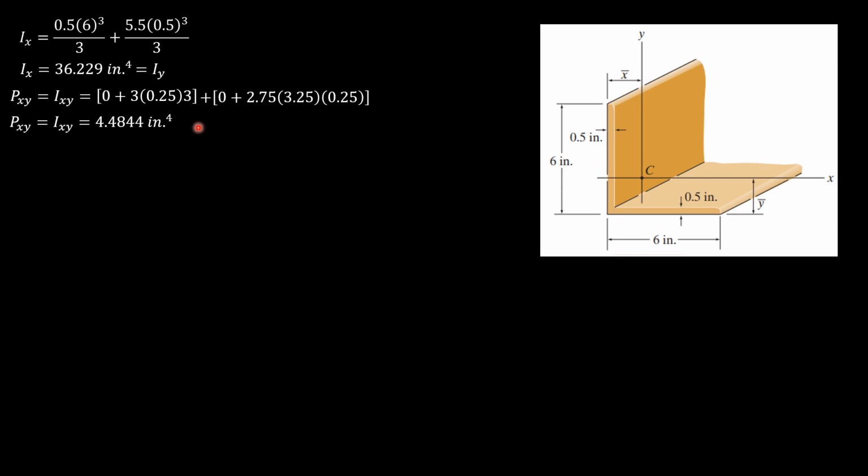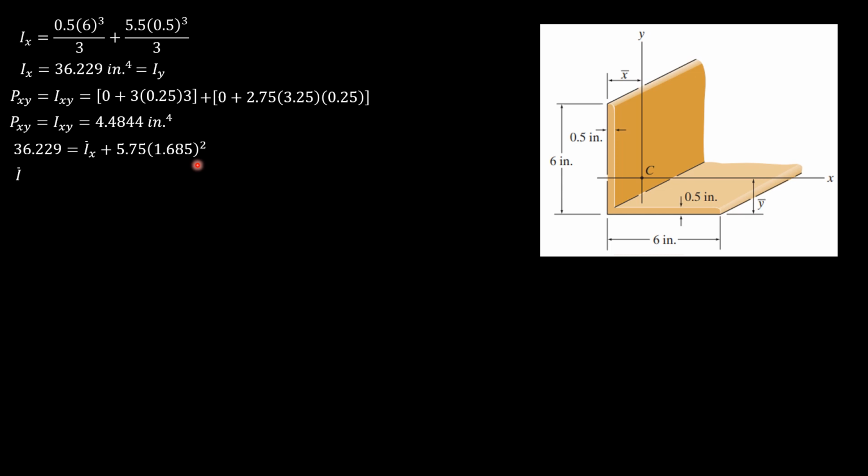Let's now apply the transfer formula to solve for I bar x and I bar y as well as P bar xy. Now I bar x equals I bar y equals Ix minus area y bar square for Ix. So that is 36.229. Ix equals I bar x plus area 5.75, then y bar square, which is 1.685. Anyway, x bar is also 1.685.